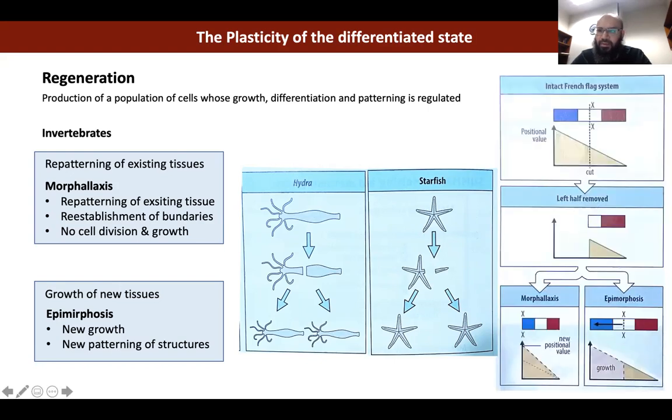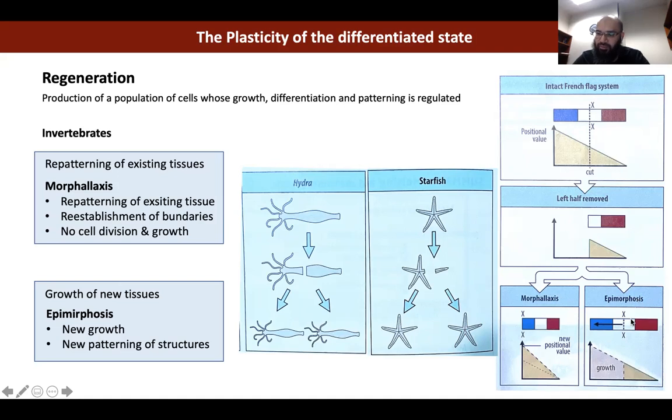And this is also explained in the French flag system. So it is tricolored. And if you cut it in half at the midpoint, what would happen in morphallaxis is that the new positional values are achieved in a way that the whole thing is the size of the half cut.